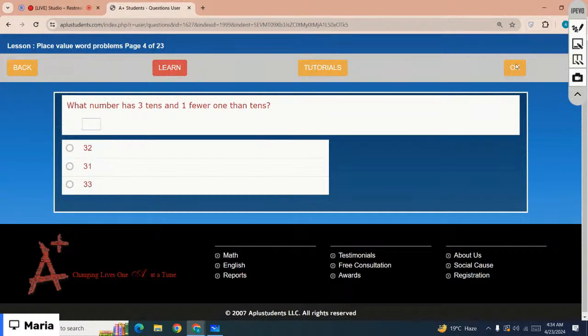Which is the correct option? Thirty-two. It is option number one is the correct option.